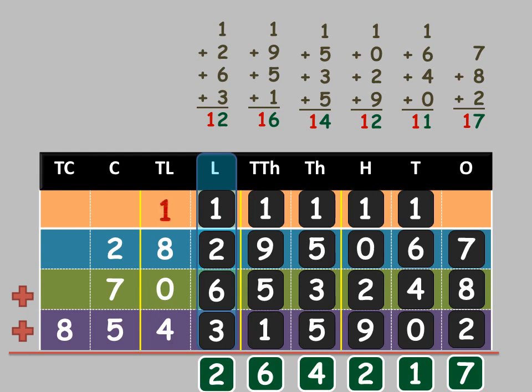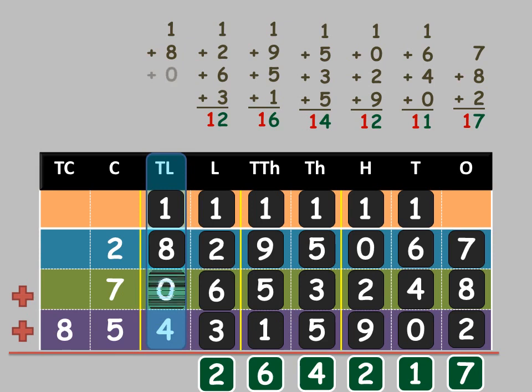Step 7. Then we add the digit of 10 lakhs place. 1 plus 8 plus 0 plus 4 is equal to 13. That is 13 10 lakhs is equal to 1 crore plus 3 10 lakhs. So 3 we will write in 10 lakh place and carry 1 to the crore place.